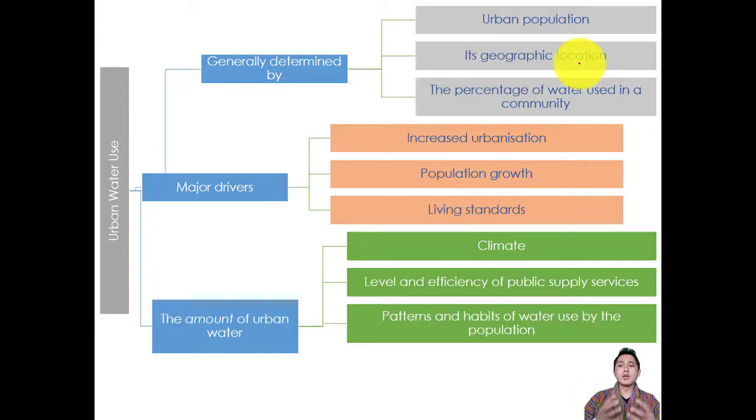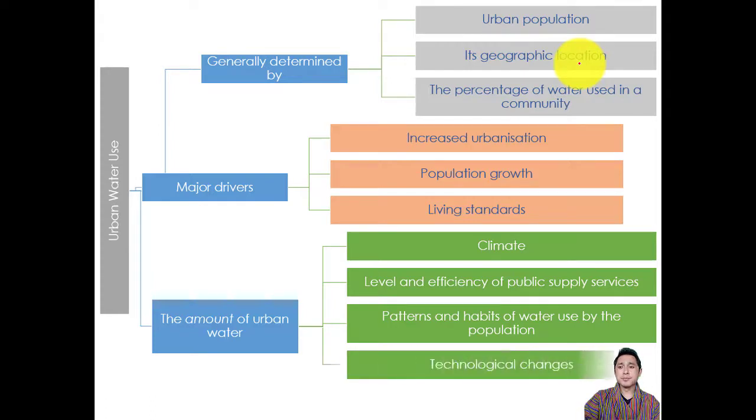Patterns and habits of water use by the population: if the population is very conscious about using water, then definitely the water use is going to be low in that urban area, and vice versa.